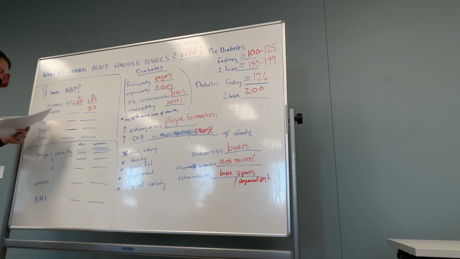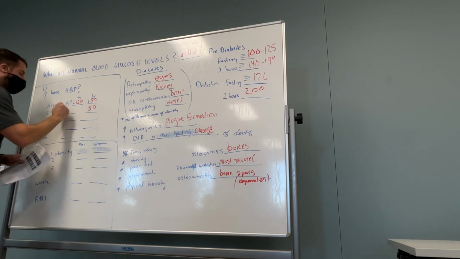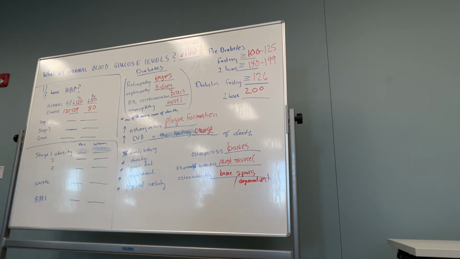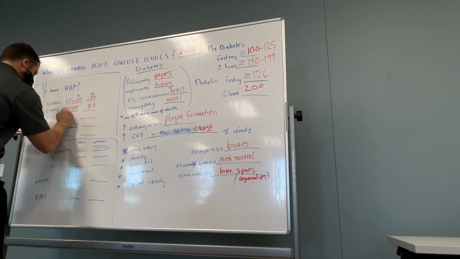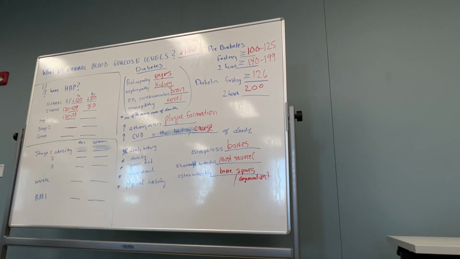But systolic does rise. What do you think systolic rises to? 120 to 129. Okay, what do you think stage 1 is? Yep. Let me double check. And then what do you think diastolic would go to? So, yep, 80 to 89.